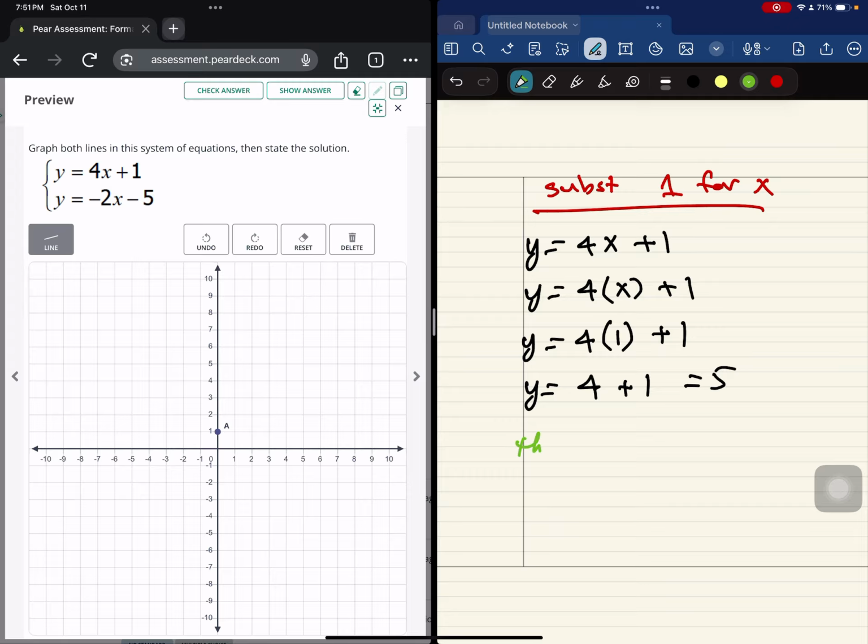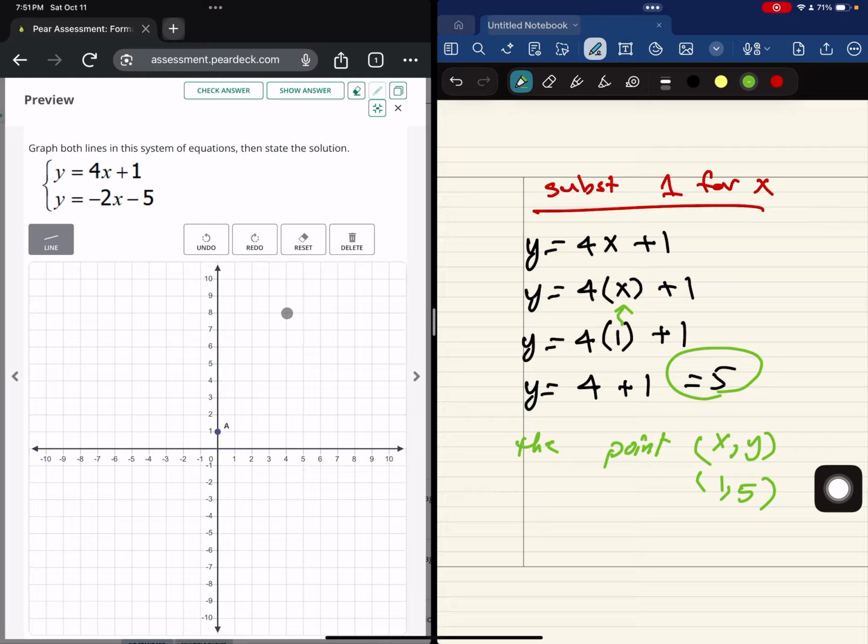And we can say the point, which is x and y: because we substitute 1 for x, x is equal 1, and the calculation showed that y is equal 5, so the point will be (1, 5). We can move this point to the graph.